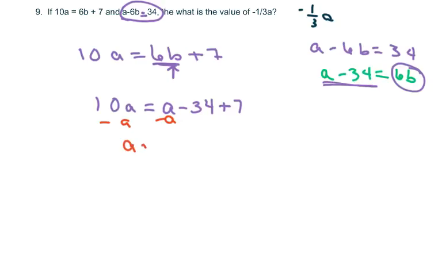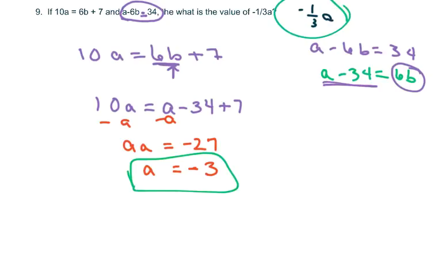So I get 9a equals, what is this, negative 34 plus 7 is negative 27. So a is negative 3. So when you multiply, we know that a is negative 3. We want to know what negative 1/3 a is. And when you multiply that out, it equals 1.